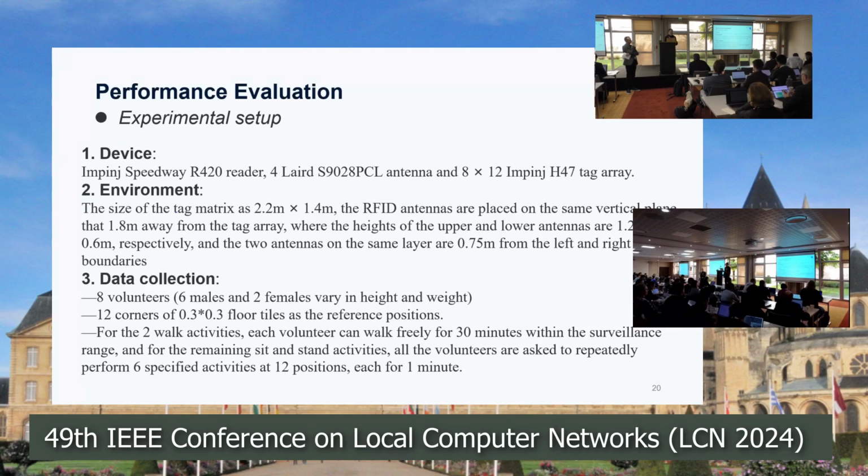And for the sit or stand activities, they are asked to repeatedly perform the 6 specific activities at the 12 positions, each for 1 minute. And when training, we will separate the training data and the testing data from the whole data set.